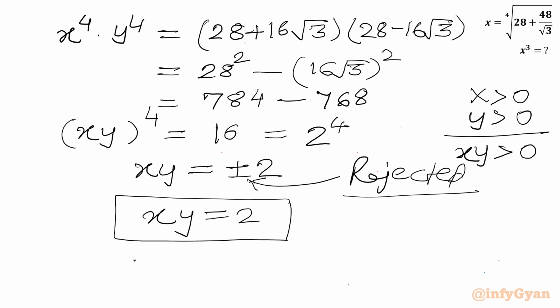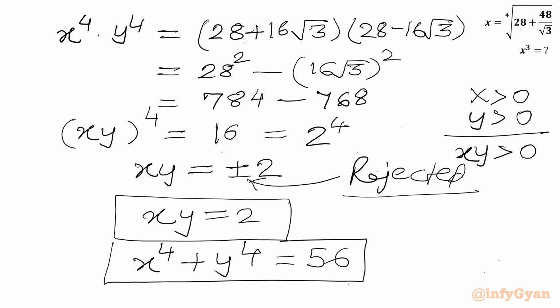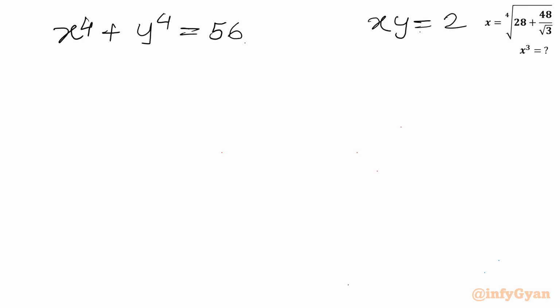Now our first equation, x power 4 plus y power 4 equal to 56, and xy equal to 2. So from here I can write y will be equal to 2 over x, which I will apply here.